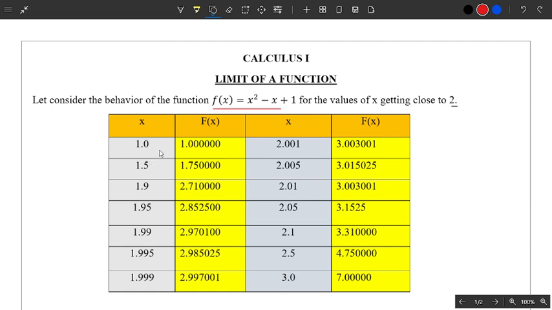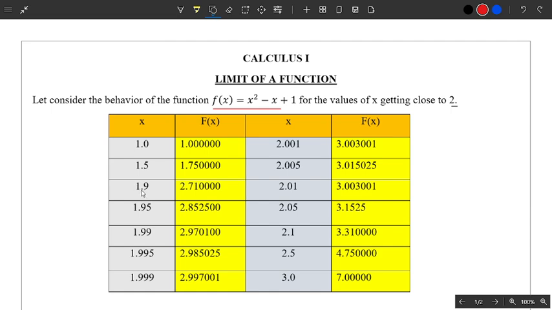Now let's look at this function here. What happens when the value of x is 1.0? When I put 1 here, this is what I'm going to get. When I put 1.5, this is what I'm going to get.